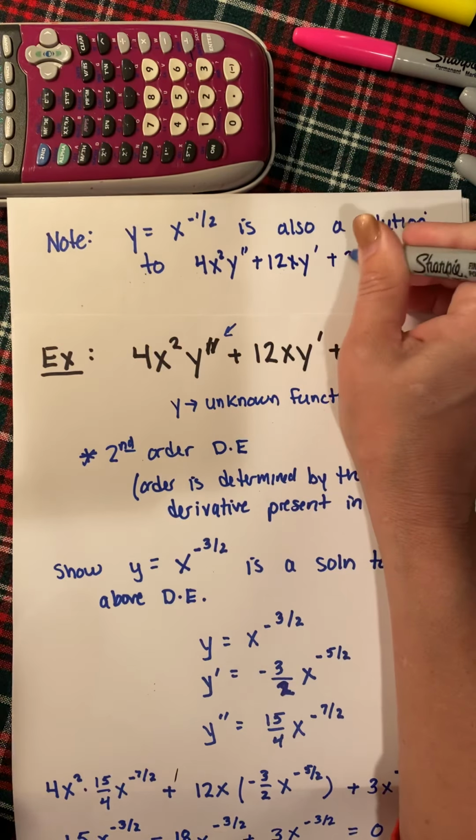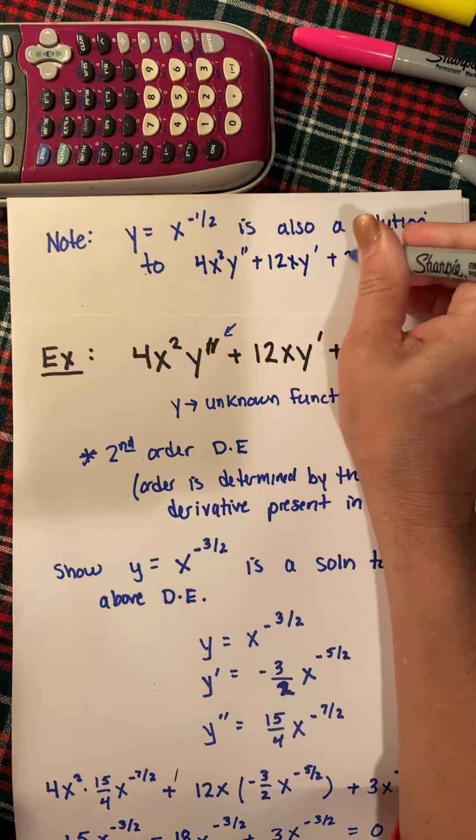And what you can do for practice is to check this. So those are particular solutions to this differential equation. So take y equals x to the negative 1/2, repeat the process and show that it balances out this equation, just for practice.